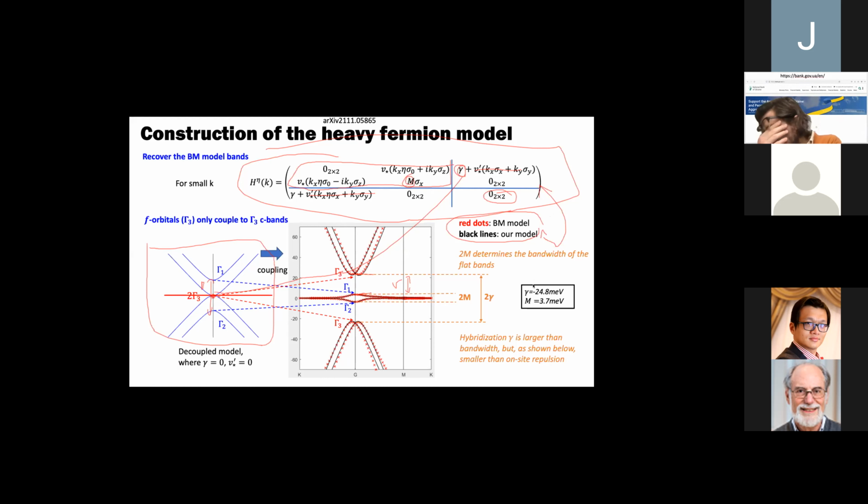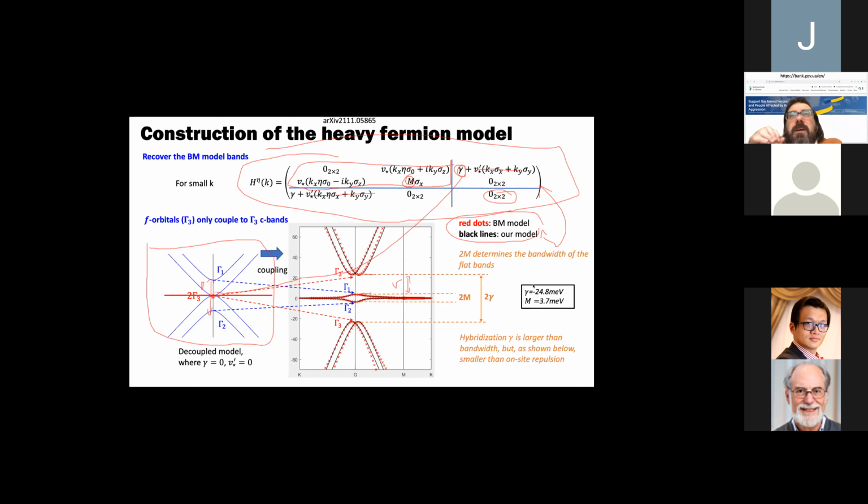Let's see. Does it fully open up a gap if I have C2Z? Supposedly for untwisted AB stack, when you add a displacement field, you open up a gap and you realize the quantum valley Hall effect.